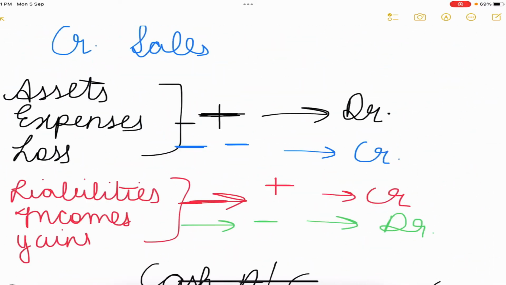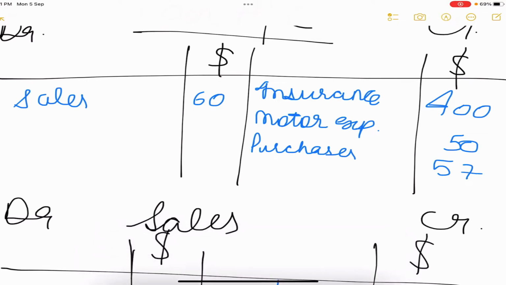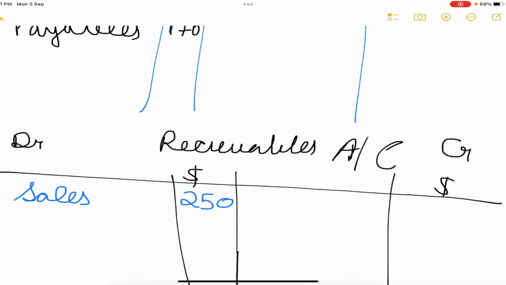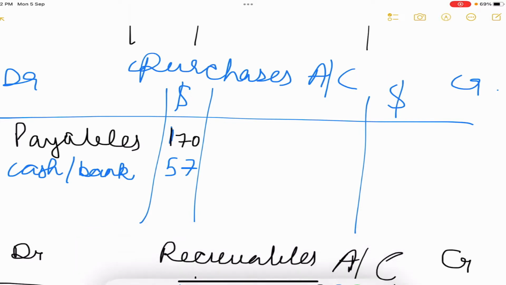So let's go to cash account, and in cash account we will be writing purchases 57, and it goes out from the bank, right? And where's the purchase account? It's here. Cash or bank, whatever suits you. It is 57. So when you're paying by check, you can preferably be writing cash, right?